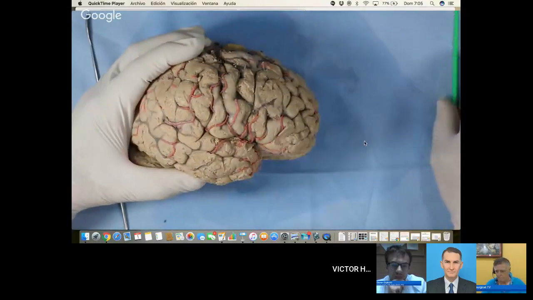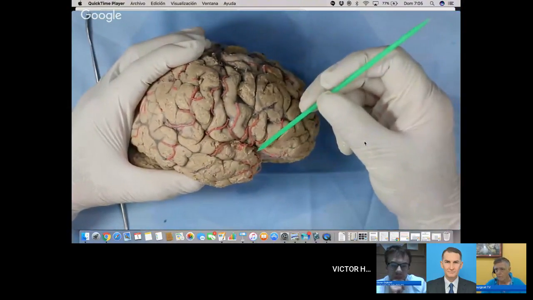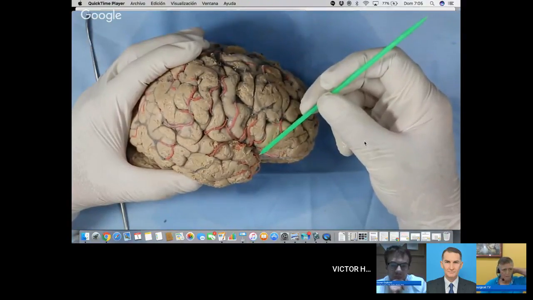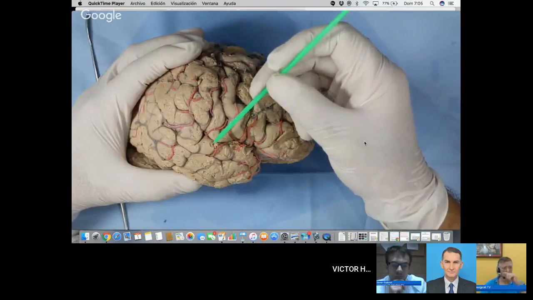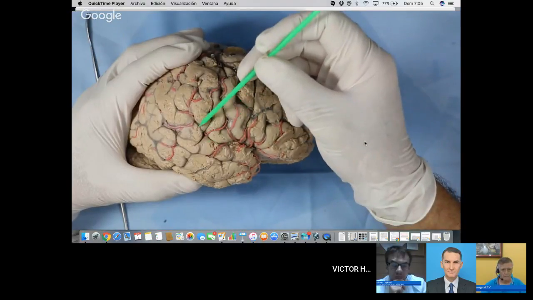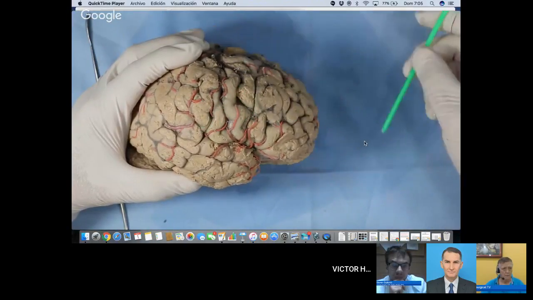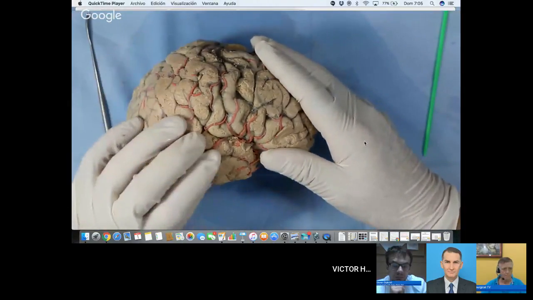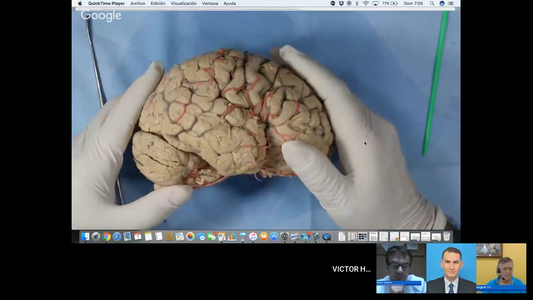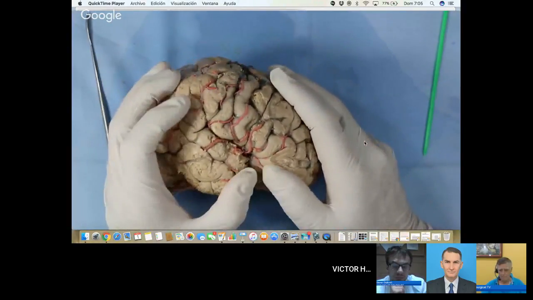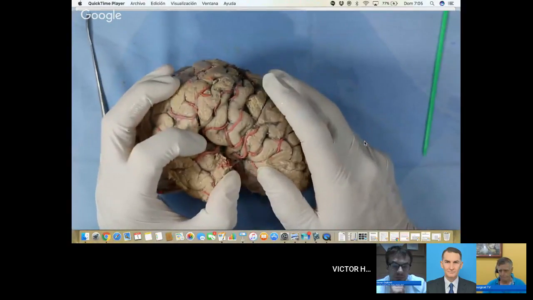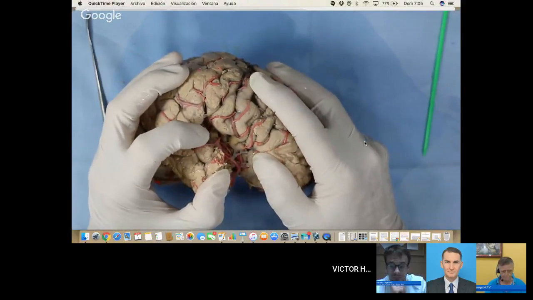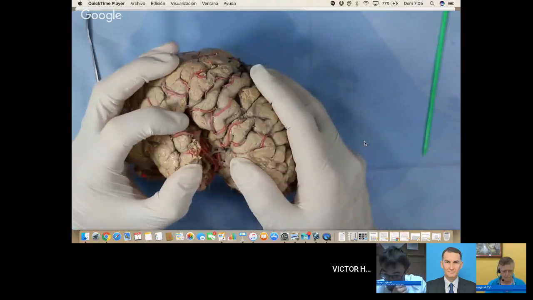The lateral fissure runs backward and slightly upward. This fissure divides the parietal and frontal lobes from the temporal lobe. If we separate this fissure, we can see the middle cerebral artery.